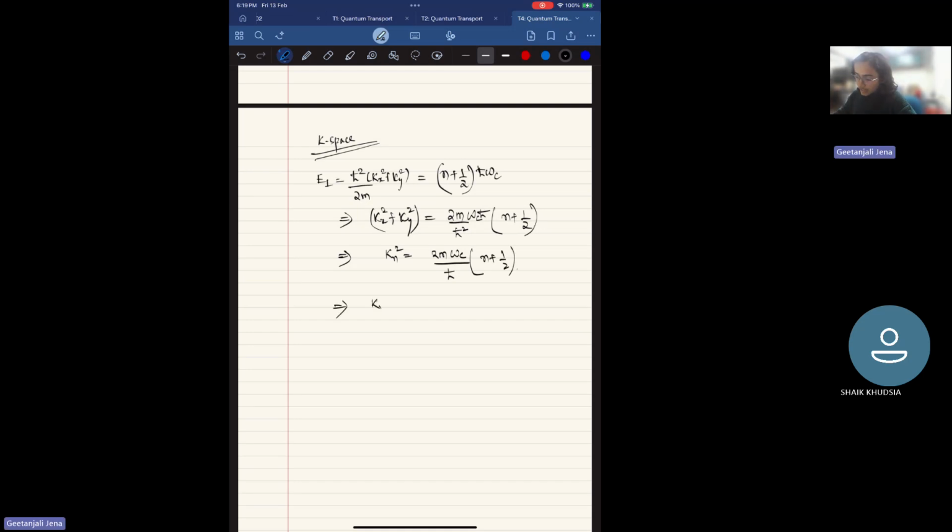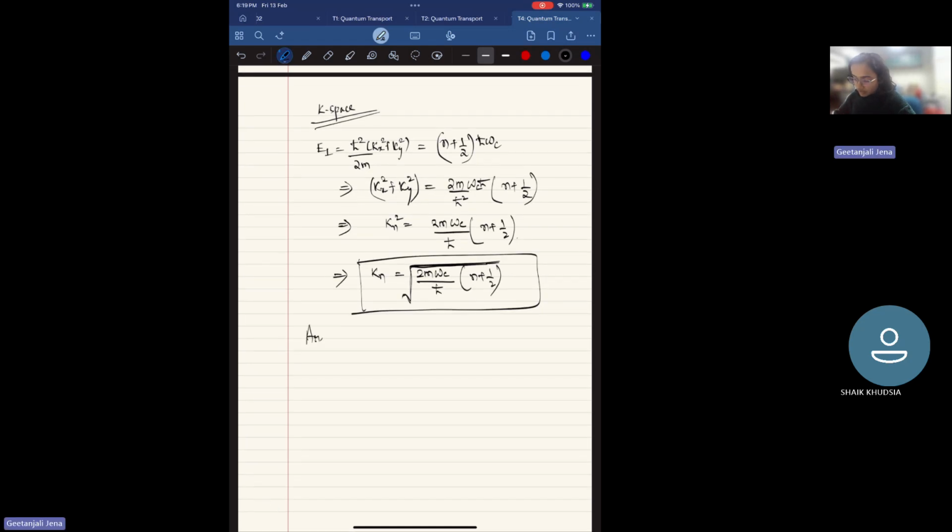So that means the radius of each Landau level in the K space is square root of 2m omega c by h cut, n plus half. So you can see these radii are quantized. It doesn't take any arbitrary cyclotron radius. It needs to satisfy this condition.